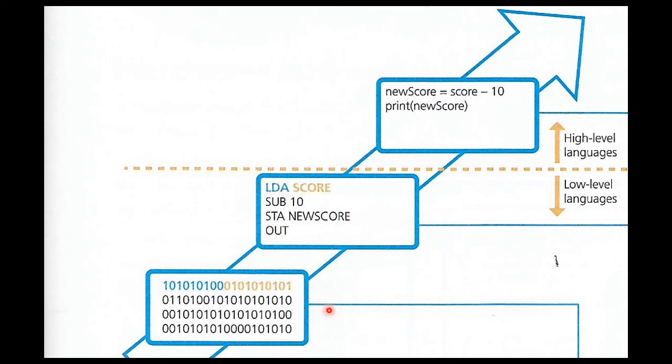And then the same instructions here are written in binary, and as you can see, very difficult to understand. If you wanted to change that to subtracting 5, not 10, it would be much harder to edit the machine code than either of these two here.